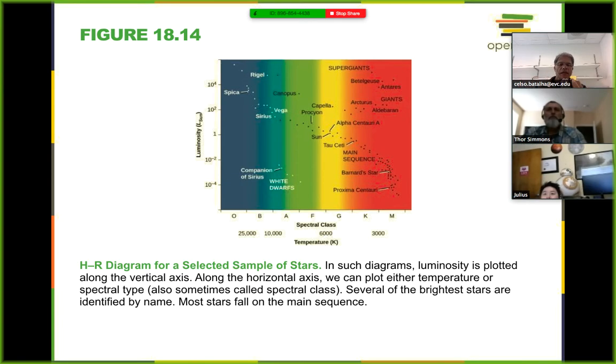But eventually those fusion reactions will be exhausted, because hydrogen, which is fueling this process, is going to be gone. It's going to be converted to helium completely. As a result, changes will occur in the star and stars will become either supergiants or giants. And those little dots you can see up there represent stars that are in a process of dying, moving out of the main sequence and eventually undergoing further processes.